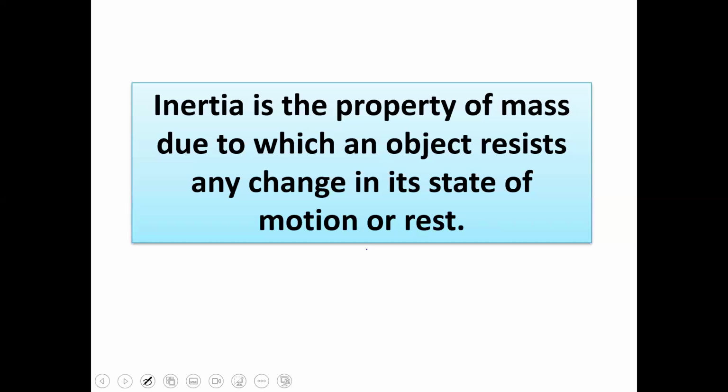You're sitting in a car that begins to move and you get a backward jerk. This phenomenon or feature is called inertia. So what is inertia? Inertia is the property of a mass due to which an object resists any change in its state of rest or motion.